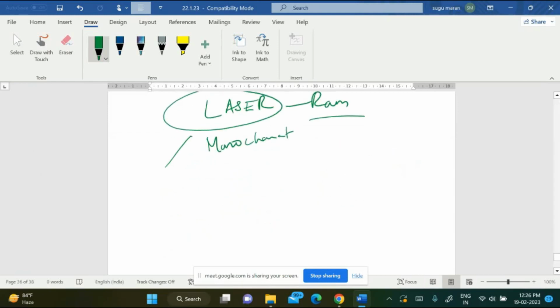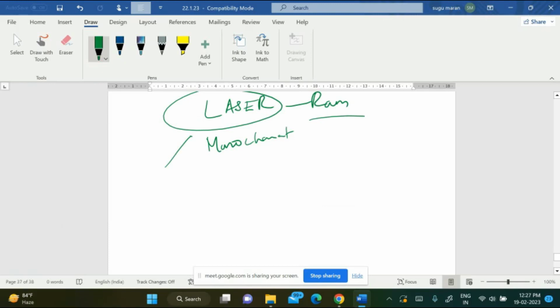Coming to the condition for a molecule to be Raman active, Raman spectroscopy studies the vibrational part of the molecule, so indirectly it is a vibrational spectroscopy.